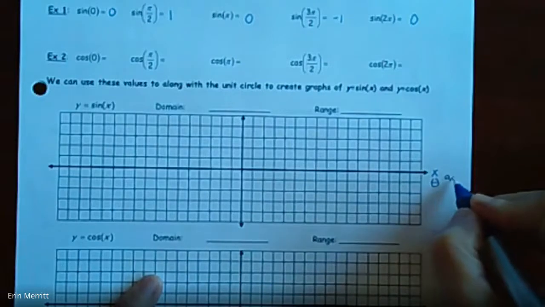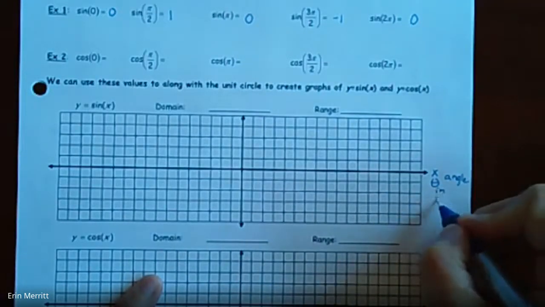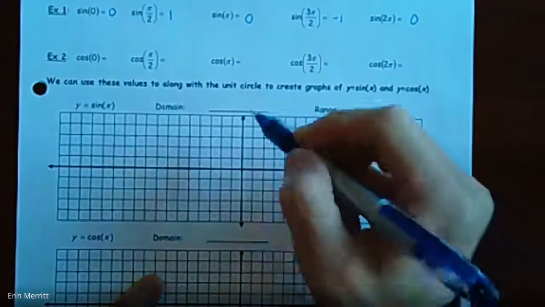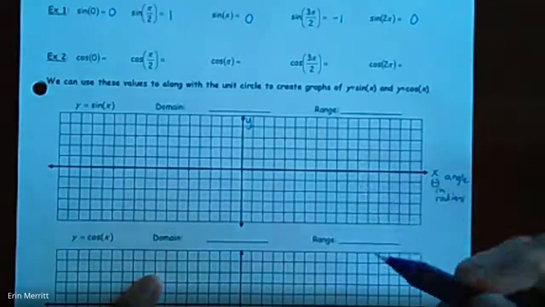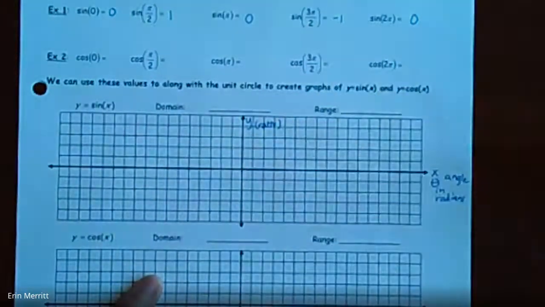So on the x-axis, we are labeling everything in radians. On the y-axis, that's the ratio that you would typically get out, like the opposite over the hypotenuse part, or in this case, the y-coordinate part. I'm just going to remind you that that is the ratio there.